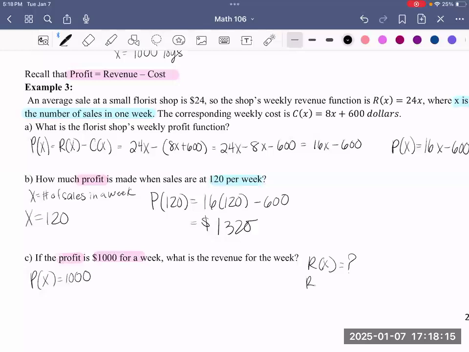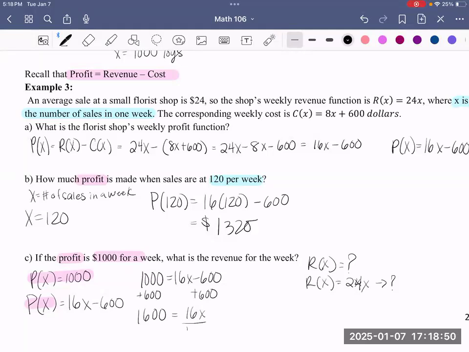I know R of x is equal to 24x, but we don't know what your revenue is. We just have the equation. We don't know what value we can put in, but we do know P of x. We also know that P of x is 16x minus 600. Those are the same values. So we can say that we have 1,000 on one side, and on the other side is our equation. We can go ahead and solve.